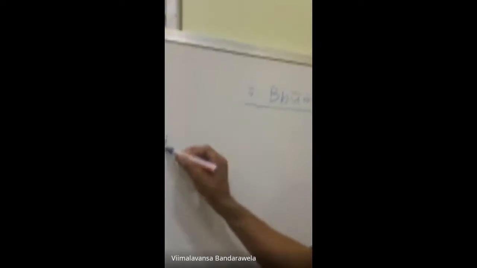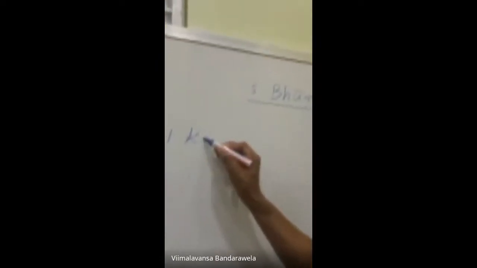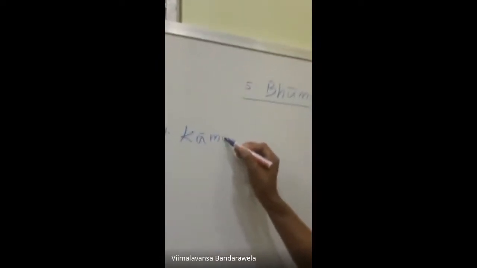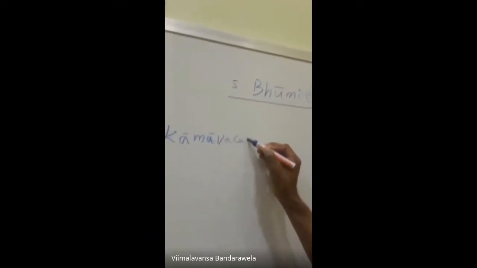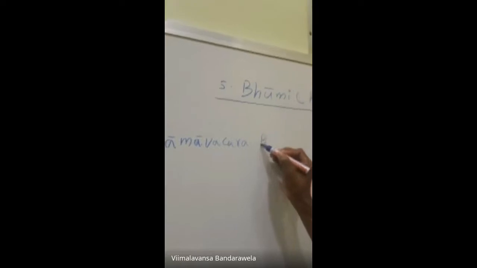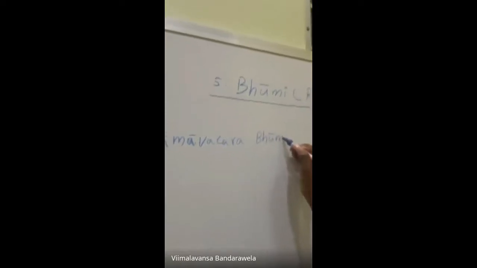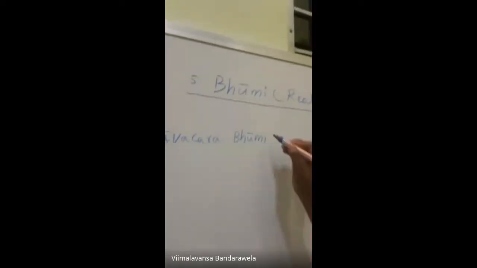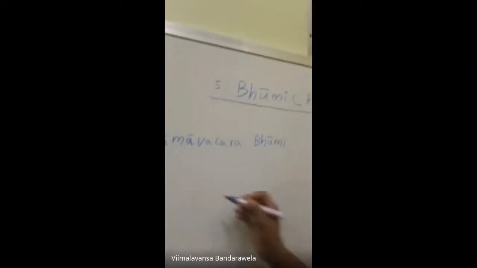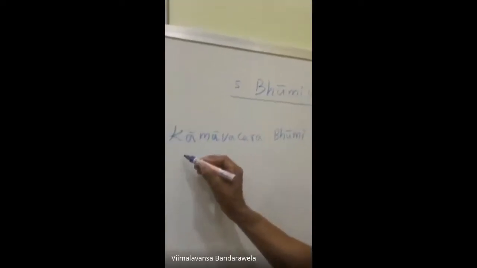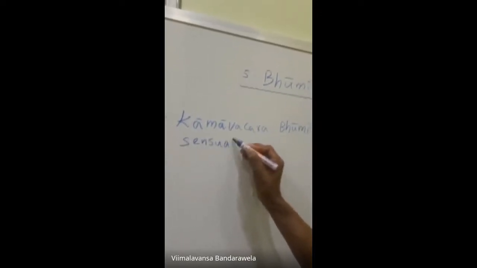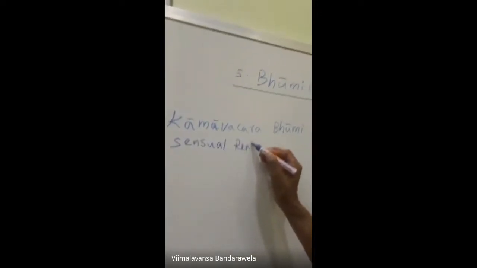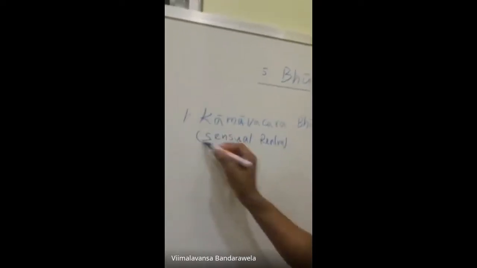The first bhumi is Kamavacara bhumi. Kamavacara bhumi means the sensual realm, or sensual plane.